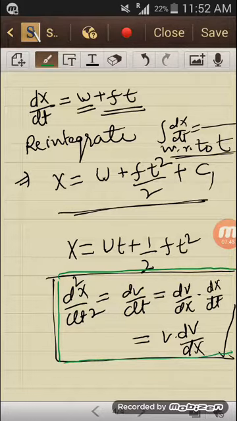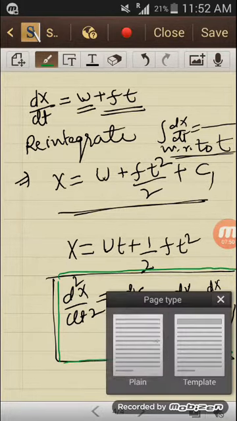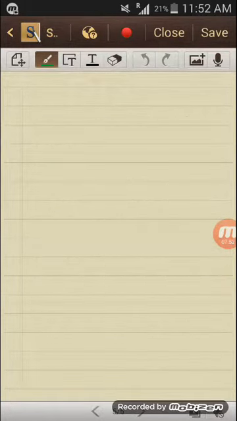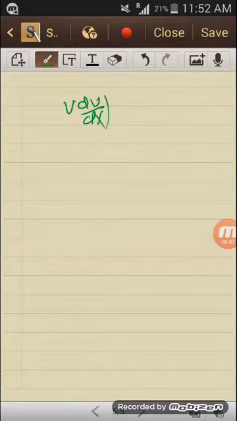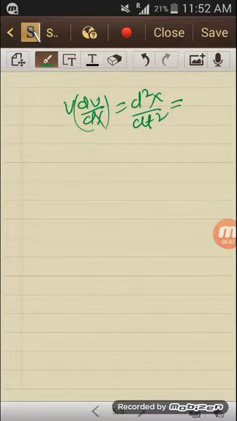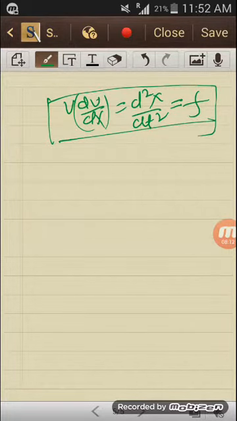Now we will integrate all the equations. Initially I have equation first, second, third, fourth. So we get d²x by dt² equal to f, if we use equation first.